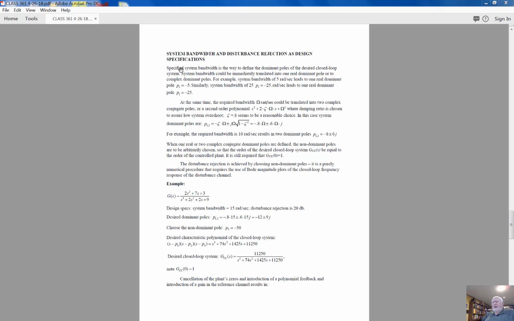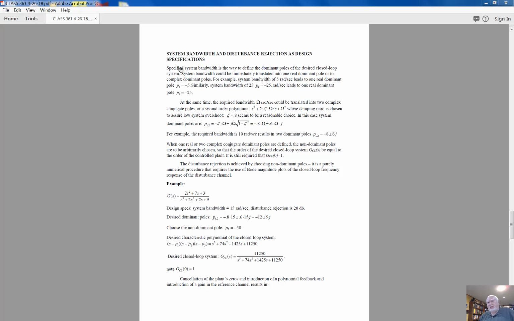Because when you have a particular system bandwidth, you may choose one real dominant pole or two complex conjugate dominant poles based on the bandwidth. Nothing else to worry about. The rest of the poles must be non-dominant poles.